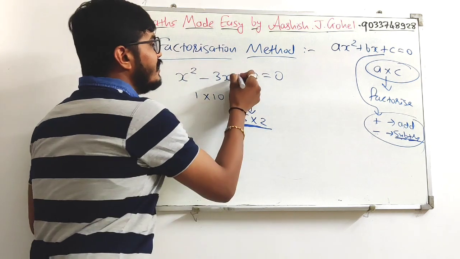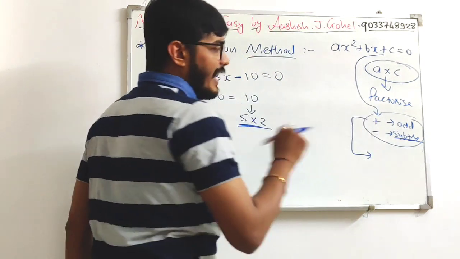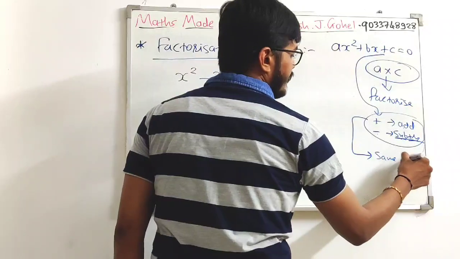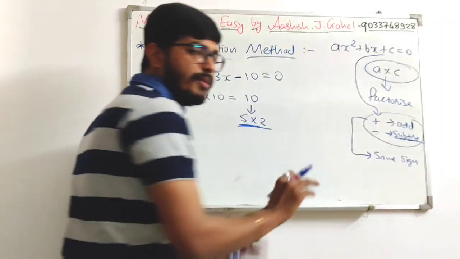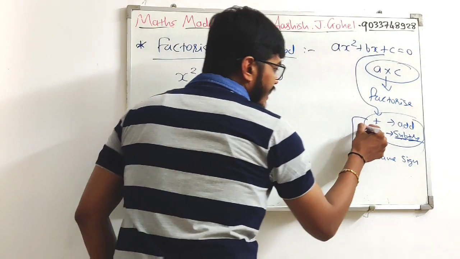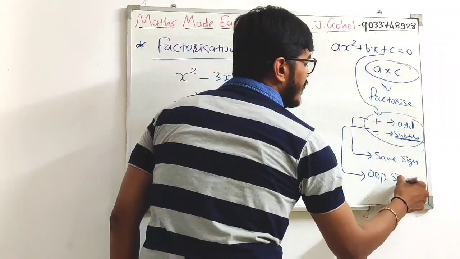Now if addition is there, both the factors will have the same sign, either both positive or both negative. And if subtraction is there, then opposite signs will be there, different signs.